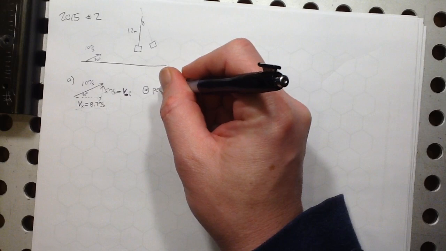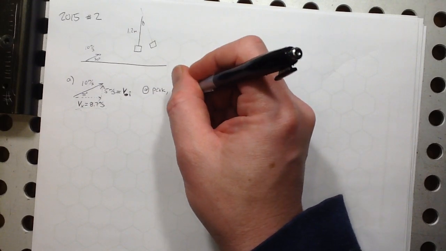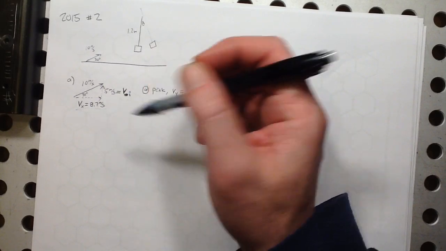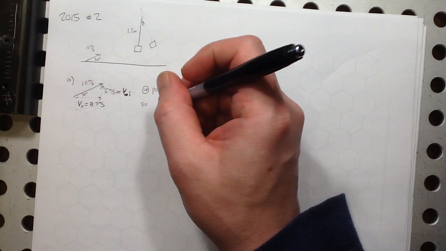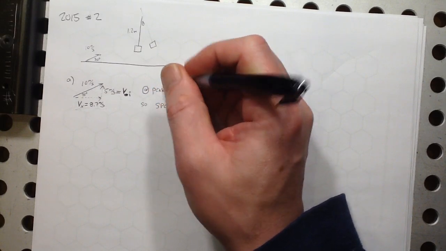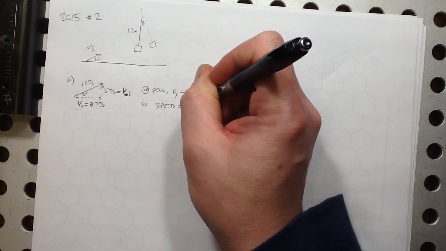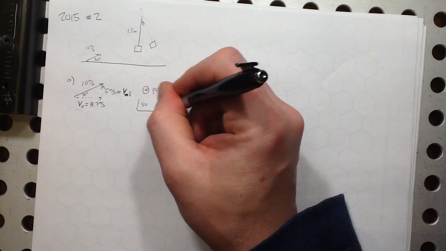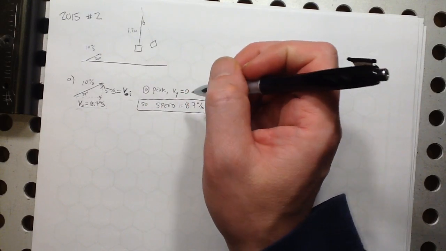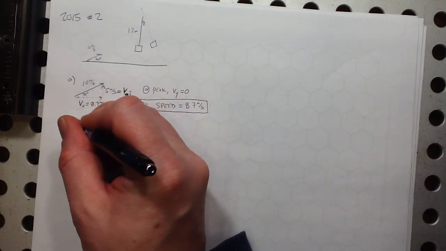So at the peak, the y velocity is 0, right? It's reached the top, but the horizontal component is still constant. So the speed right at the peak is just the constant horizontal velocity. I don't need to make a vector triangle or anything because the vertical component is just 0. So it's just that.